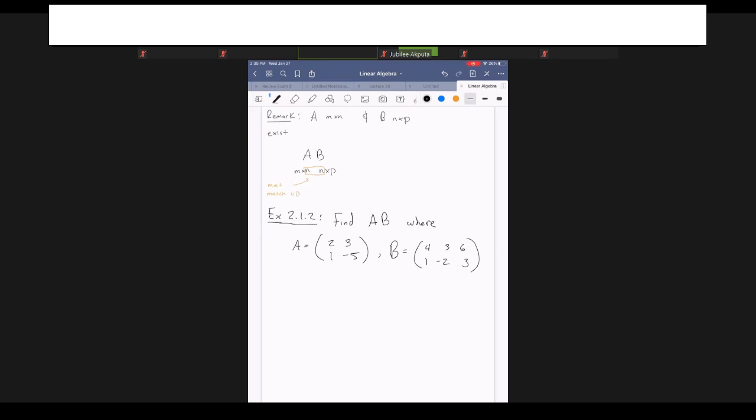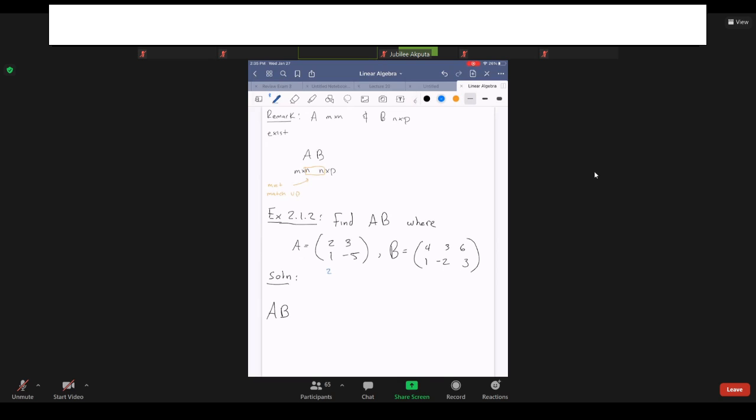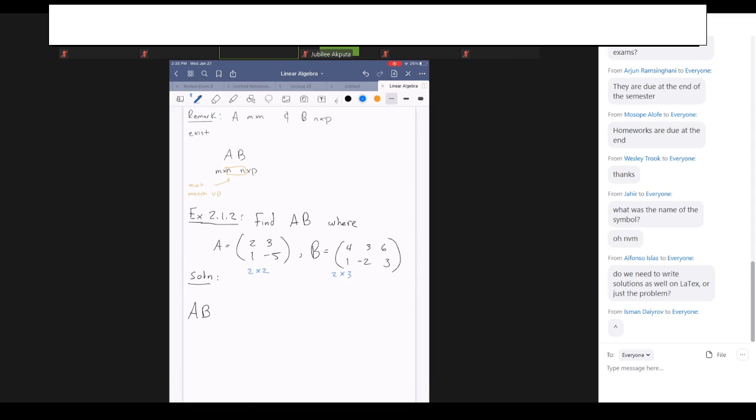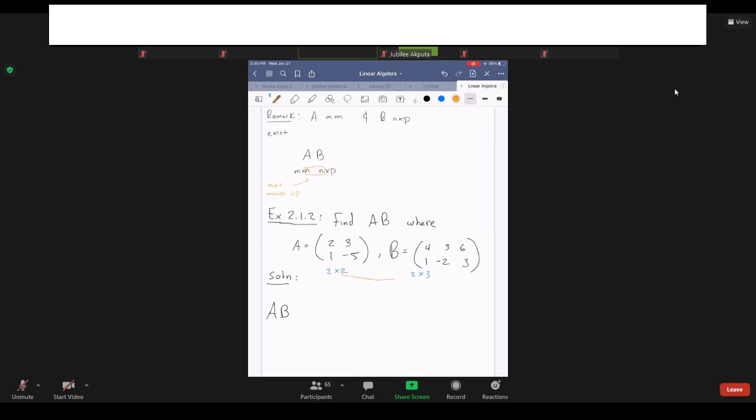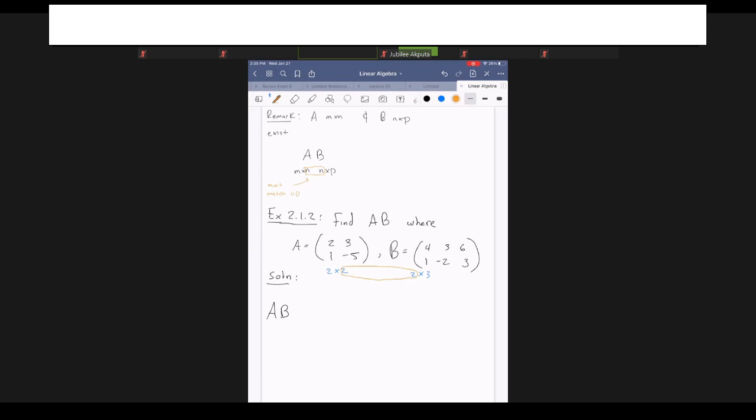Okay. So solution. A times B. First of all, is this product defined? Is it allowed? Yes, it is, right? Because this guy right here is a 2 by 2, and this guy right here is a 2 by 3. The inner ones match up. The inner ones are the ones that need to match up.